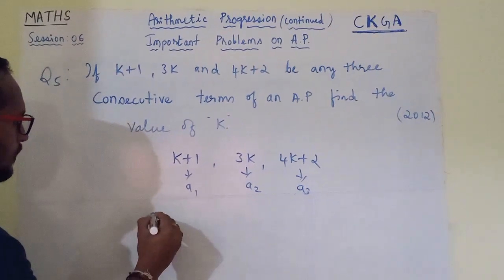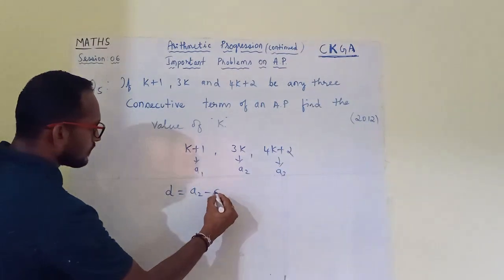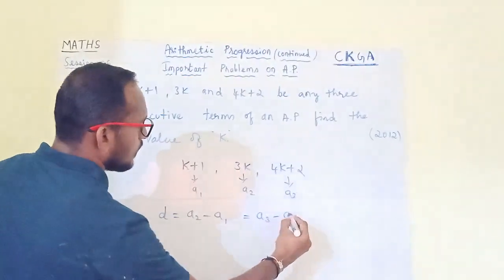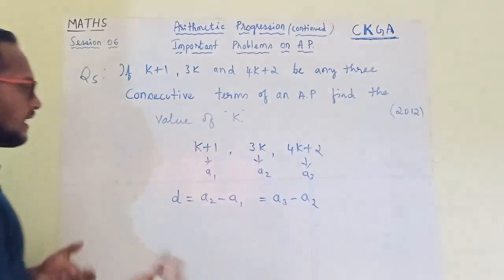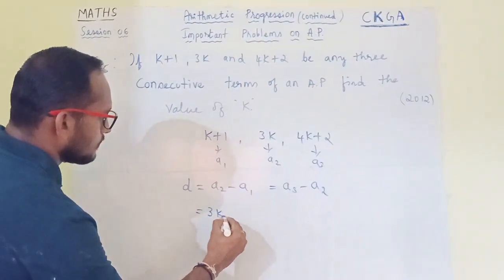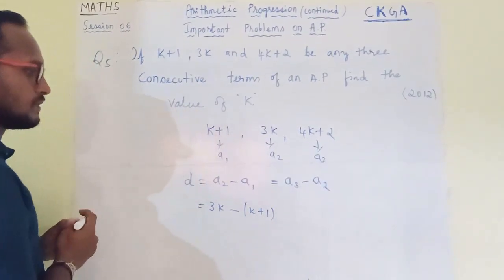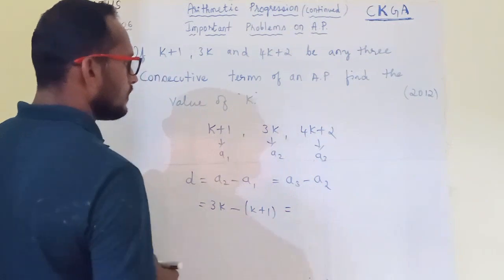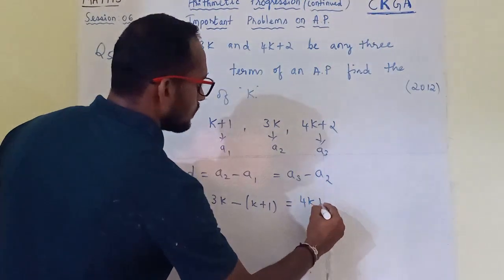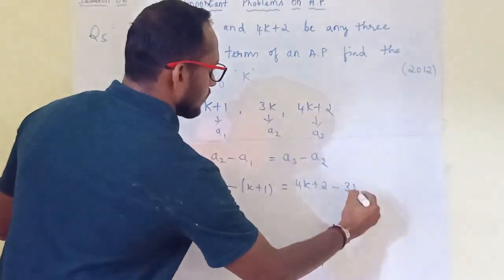Now let me find the common difference. D is equal to A2 minus A1, which is also equal to A3 minus A2, as I mentioned. A2 here is 3k minus, since k plus 1 is a binomial, use a bracket for it. The same thing with A3: A3 is 4k plus 2 minus A2, that is 3k.